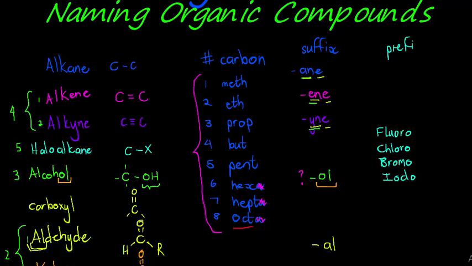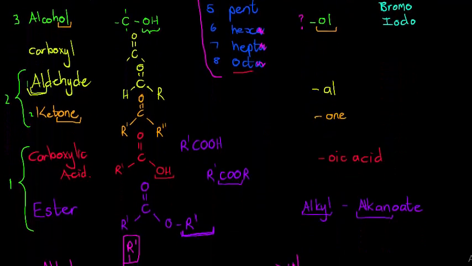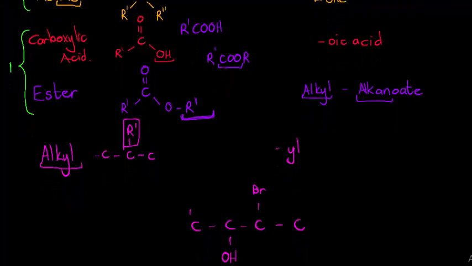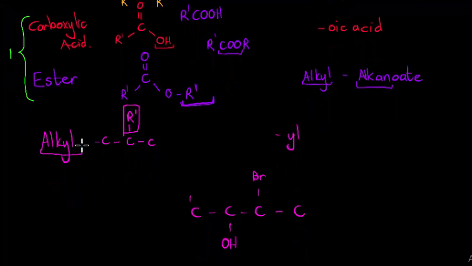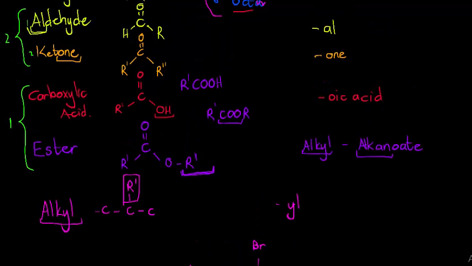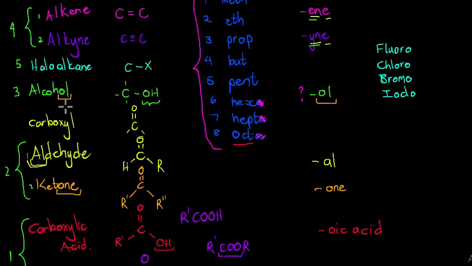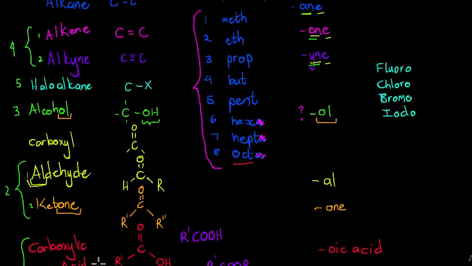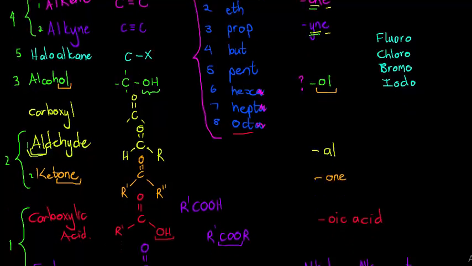So the last one to get any priority would be the alkyl groups. So alkyl groups would be the last to have priority. So if I had a branch on top of any of these, I would number it according to any of these first, and then consider the branch.